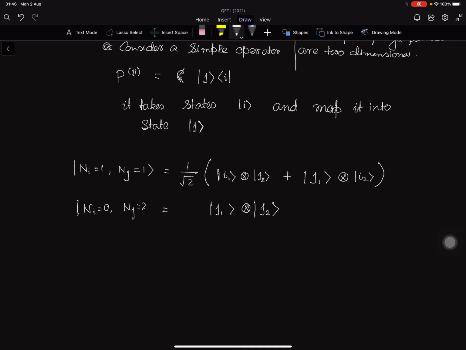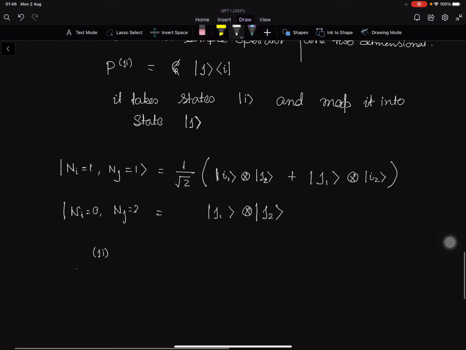Okay, now you can see that if I now construct this operator P of the multi-particle states, let me denote it as P with a tilde, which is the same as P1 j i plus P2 j i, built from the single particle operator.